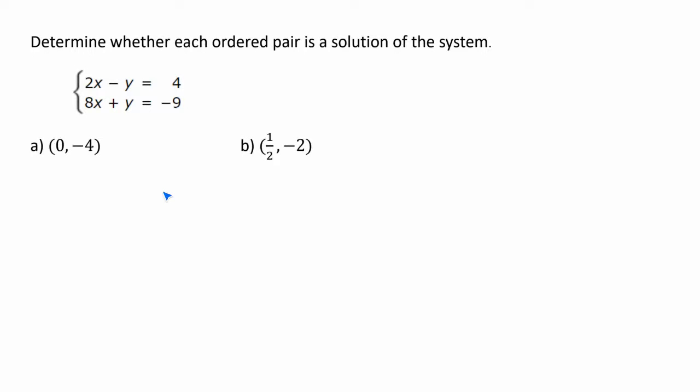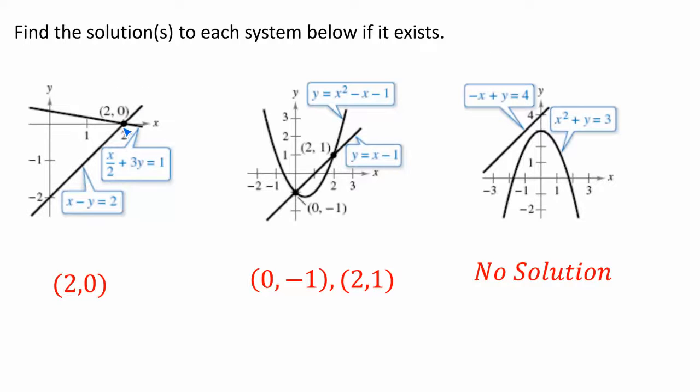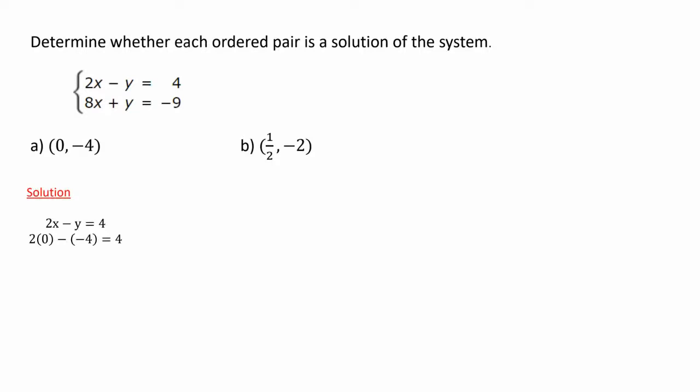To check if (0, -4) is a solution, in other words, if that's where the two lines intersect, we take the equation, and wherever I see x, I substitute 0, and for y, I substitute -4. If I simplify, I get 4 is equal to 4, which is a true statement. However, we have to check it for both equations.